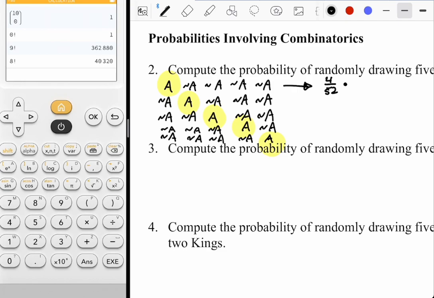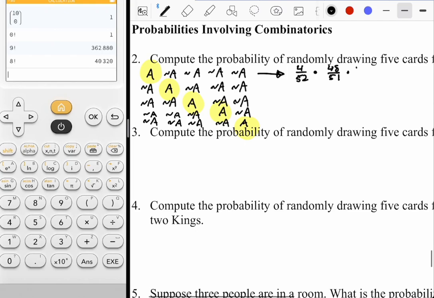So you have to think about all the cards that are not aces in general, what you have and what you need. There's 48 cards that are not aces. If 4 of them are aces, the other 48 must not be. So the first card could be 48 out of 51, because we removed 1 card from the set.